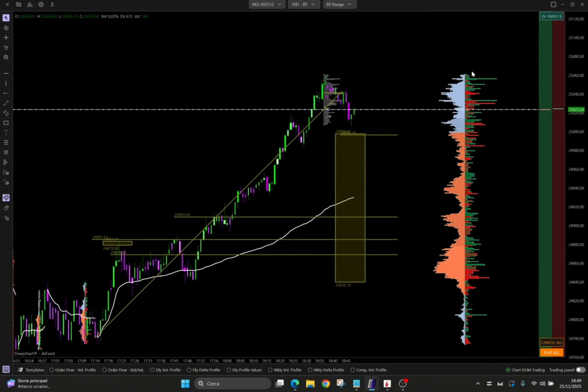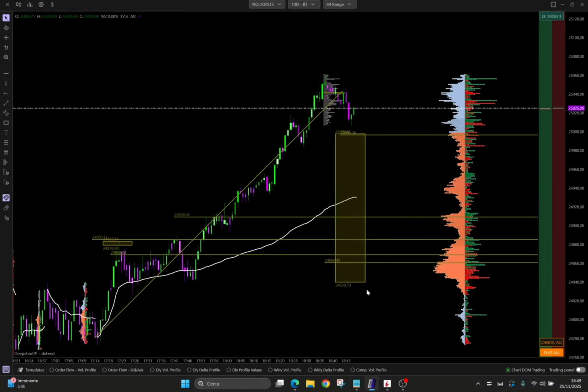Dynamic value is VWAP. And now you will see something really interesting. If you go on all this information, okay, in all the value area, so all this area here, the horizontal point where you had the most aggression from buyers is this one, okay? You can see this. Let me draw it for you on the full scale. Okay?